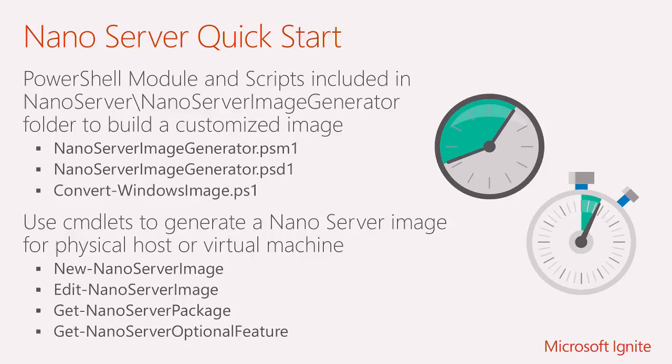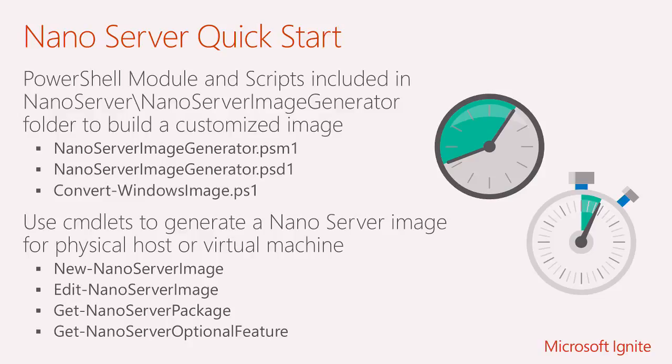So the big mental change here is, if you think about deploying Windows Server Core or Windows Server Full, you drop in the CD or your PXE boot or whatever, you say, I'm installing Windows Server, you get a generic installation of Windows Server, and then you go through and do your role configuration and customization.